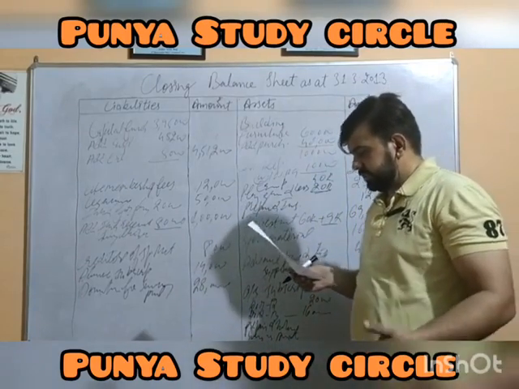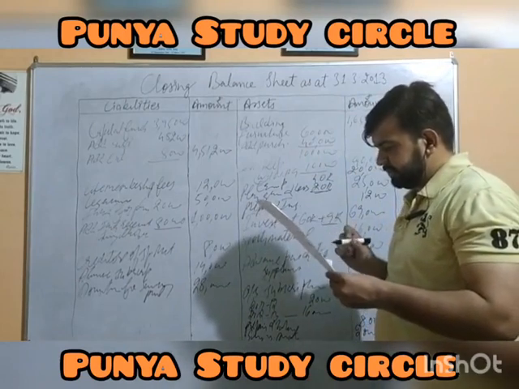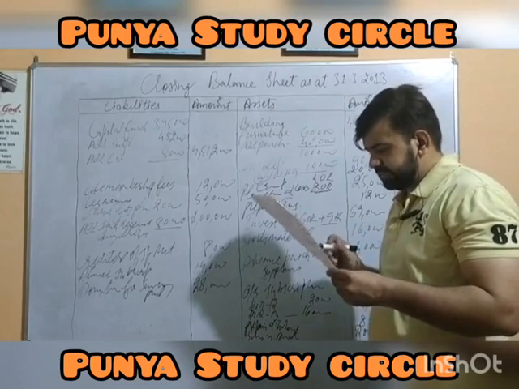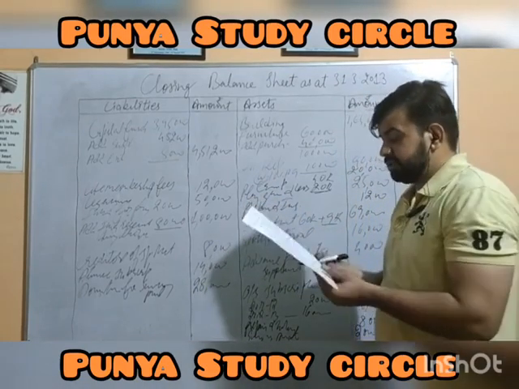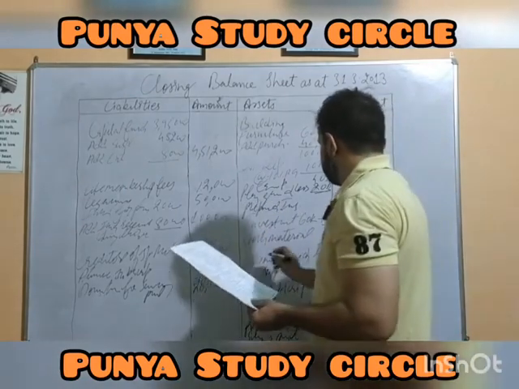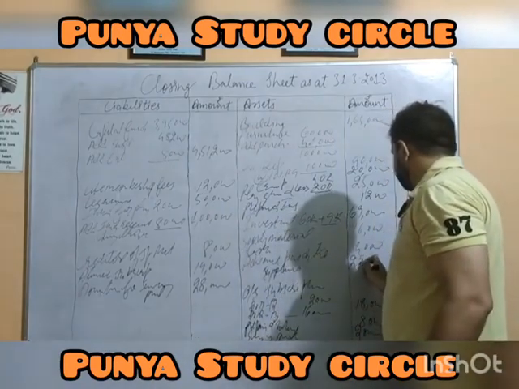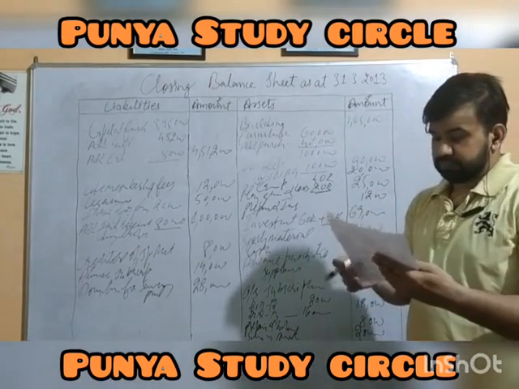Let me check another item. Outstanding subscription is done. Advance subscription is done. Playground, swimming pool, purchase of furniture. Okay, we have considered salaries, honorarium, bond, insurance premium, postage, telegram, electricity, sports material. Okay, we have done this in the income and expense account. Balance sheet, closing balance of cash, we are left with cash. Bigger amount, 2,27,000.